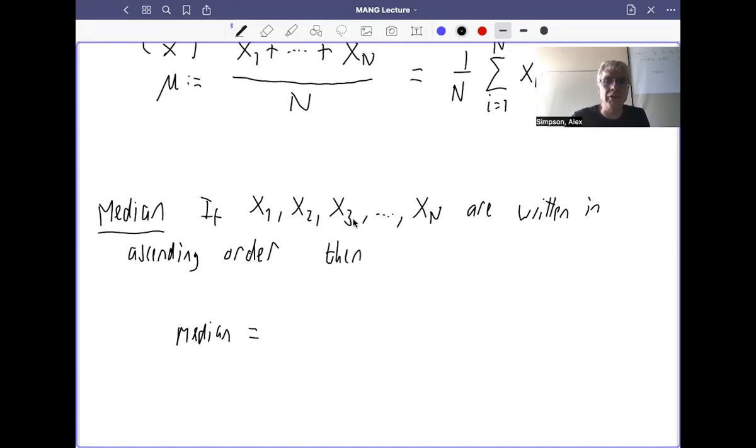So if n is odd, it has a middle value. For example, if n was 3, then x2 would be the middle value. So if n is odd, we can simply take the value x of (n plus 1) over 2.